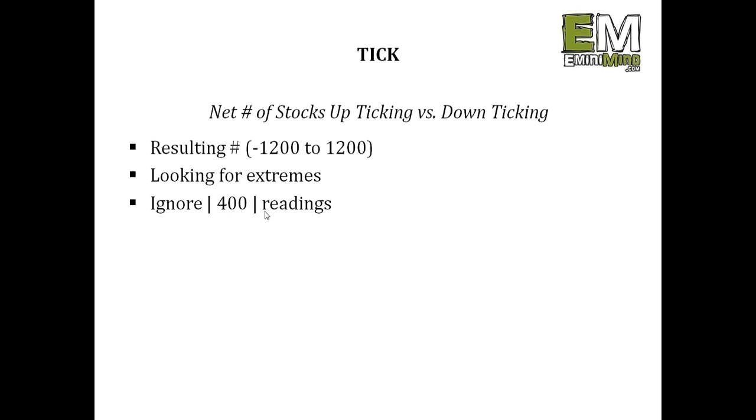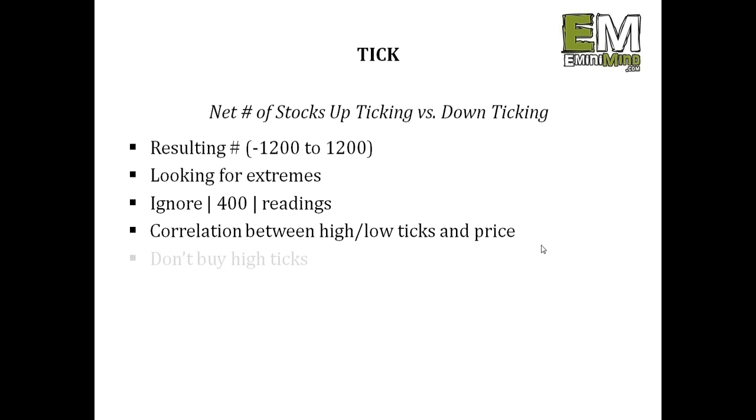So we're looking at the correlation between the high and low ticks and the price. In my case, it's usually the price of the ES, and I'm looking at where the high ticks line up at what time of the day with the price of the ES, and where the low ticks line up with the price of the ES.